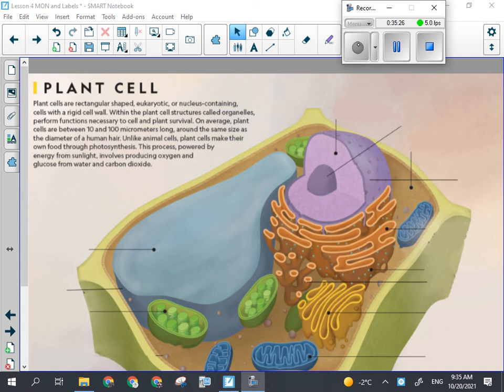All right, so we'll start with the plant cell, and we'll start up here at the top. Okay, so this big purple thing that's in the middle is the nucleus. Now you've probably been taught by some very well-meaning person that the nucleus is the brain of the cell. I hate that.